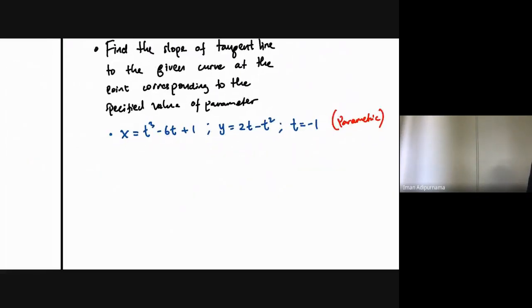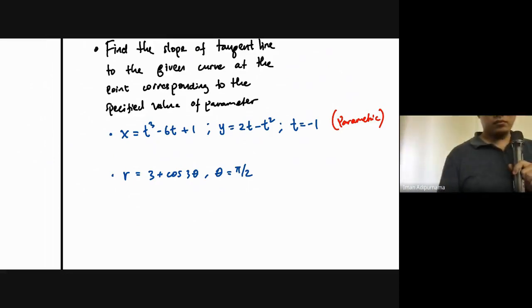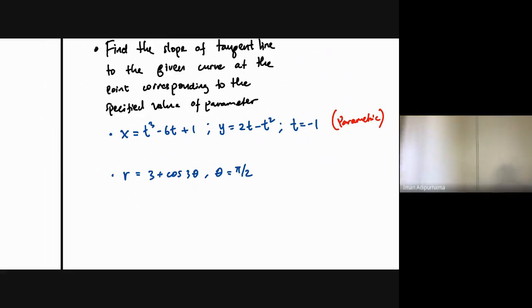Another case I want to check is the polar one. We start from the very basics in chapter 10.